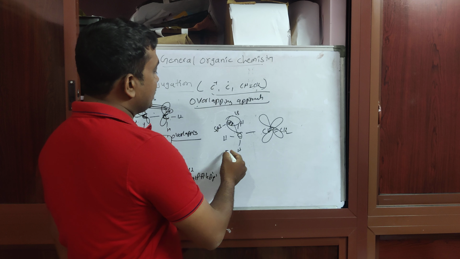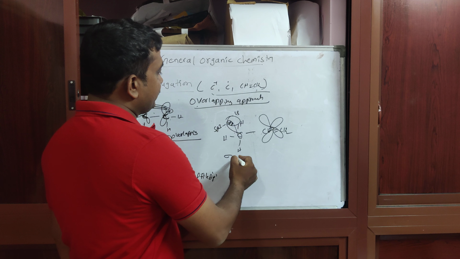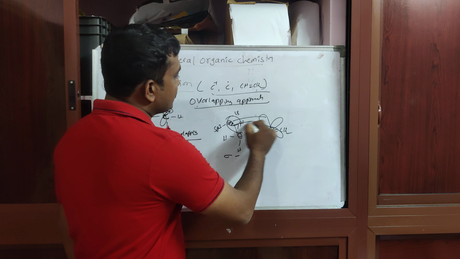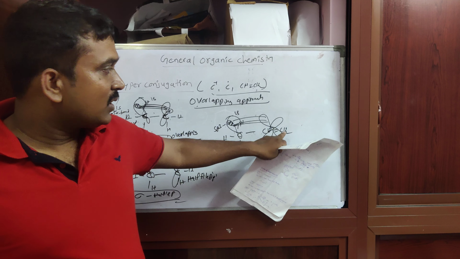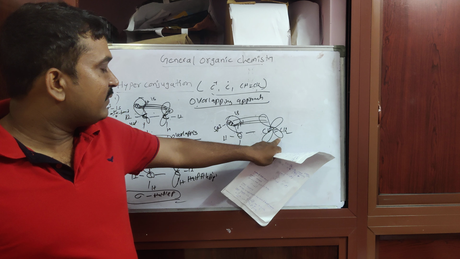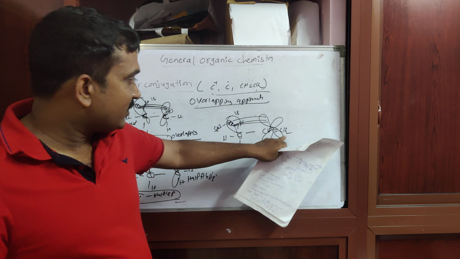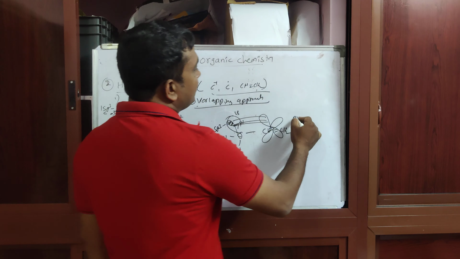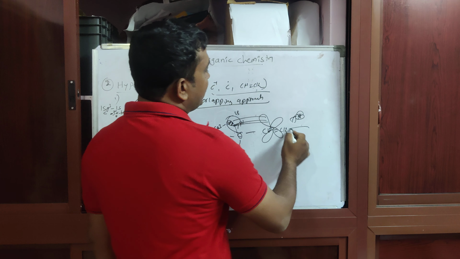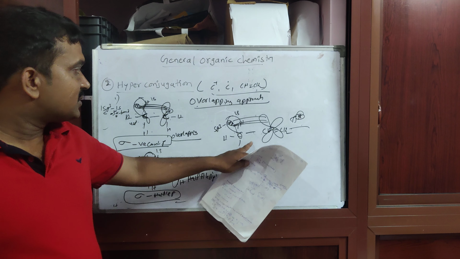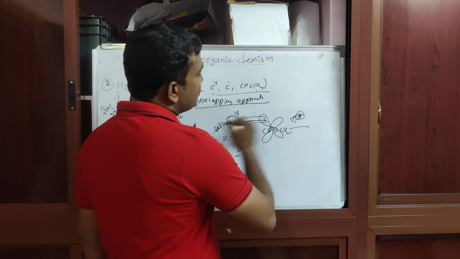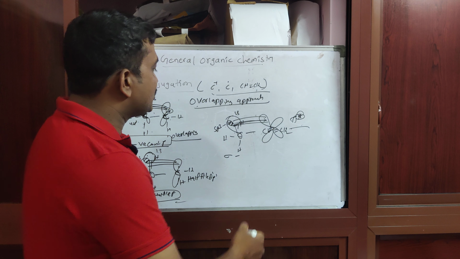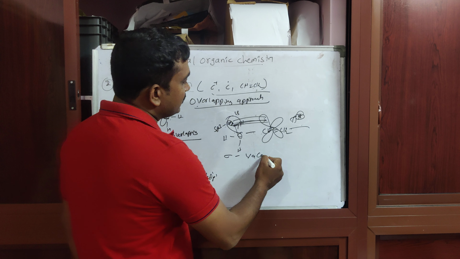It will form the sigma bond. This is the sigma bond. It will donate the electrons towards the vacant orbital. In case of alkene, the vacant orbital is the pi star anti-bonding orbital; only that one is vacant, the remaining are filled. That's why it donates sigma electrons towards the vacant pi star orbital.